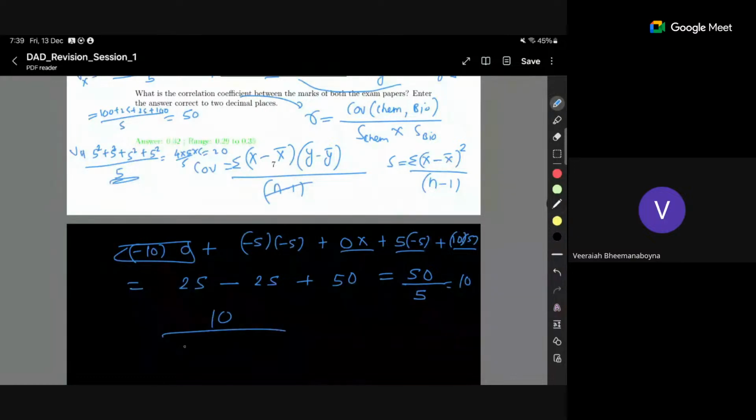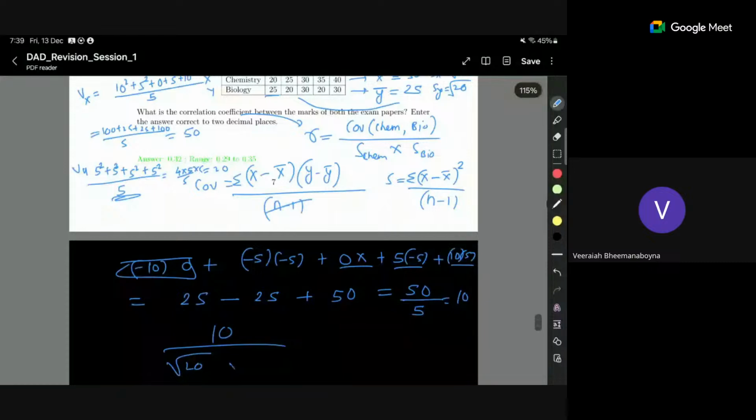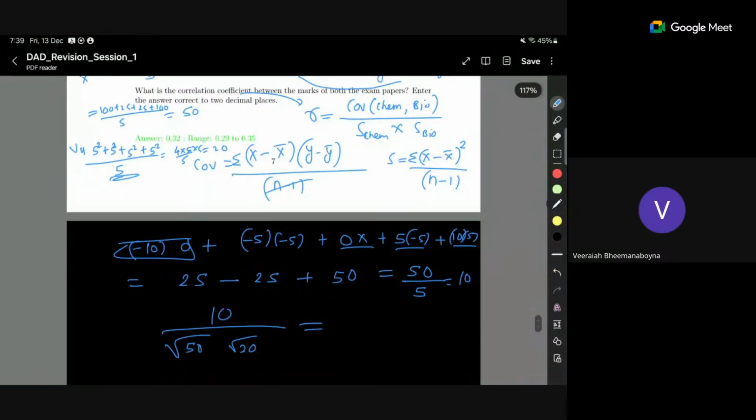So if I do 10 divided by root of 20 and root of 50, or if I write it this way, I can do root of 50 into 20, which is root of 1000, so this is 10 into 100.